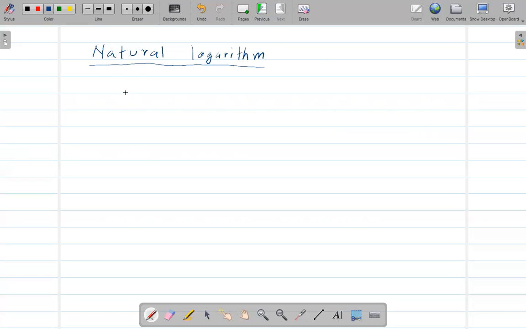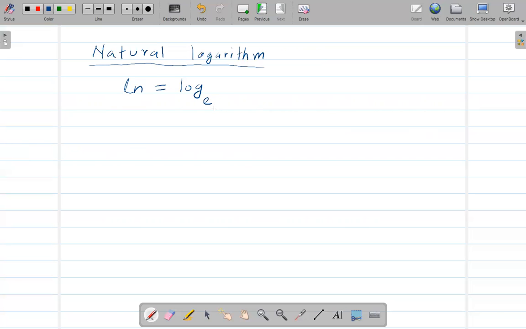The natural logarithm is basically ln, or normally we say natural log. So ln is the same as log base e.